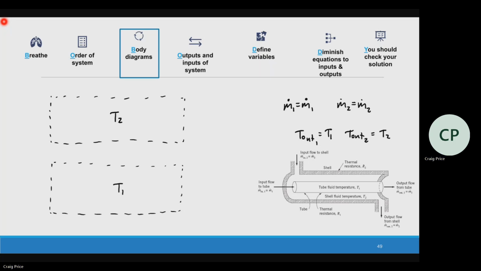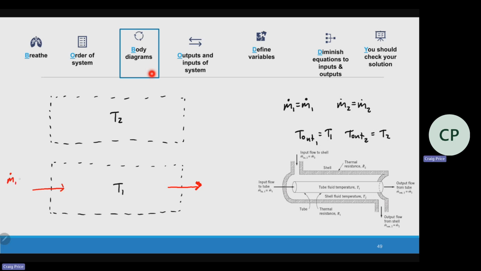There are arrows in the diagram, are there not? So, what do these represent? Let's look at the hot fluid, the tube. Does the temperature change based on those inputs and outputs? The answer is yes, because I have fluid coming in.